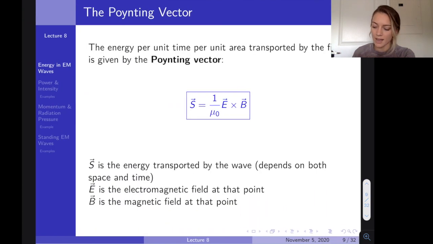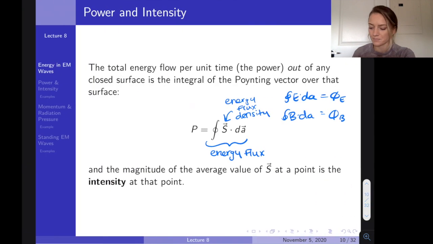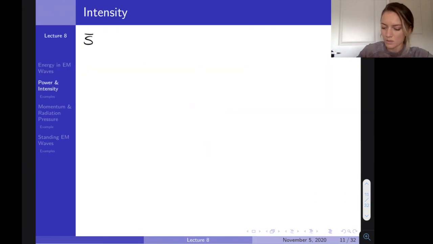Now if we take the average value, so instead of looking at a specific moment in time, we take the average of this vector over a complete cycle, that will give us the intensity. So let's rewrite our Poynting vector here. Also keep in mind that the electric and magnetic fields are always going to be perpendicular.